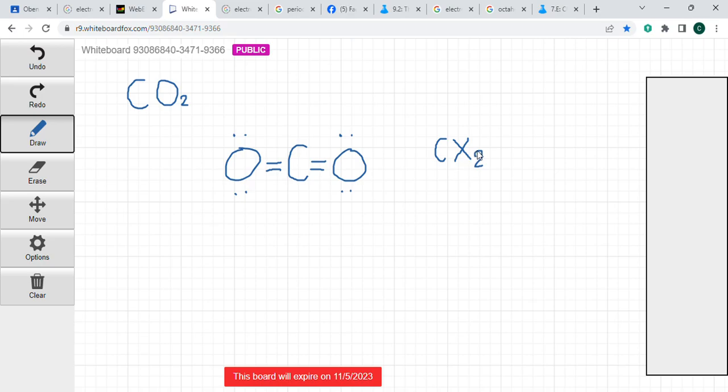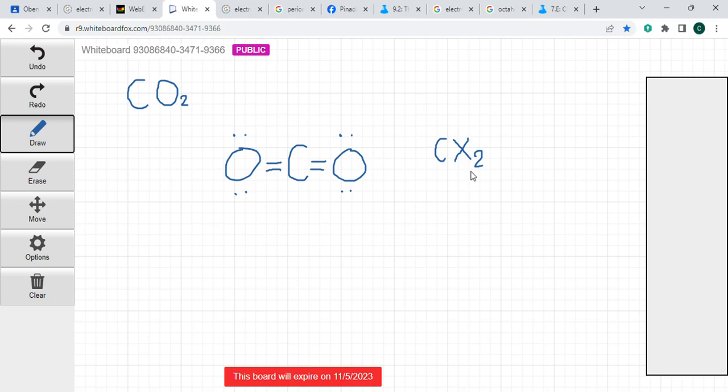And there are no lone pairs. So that's it. This is the notation or designation of carbon dioxide.